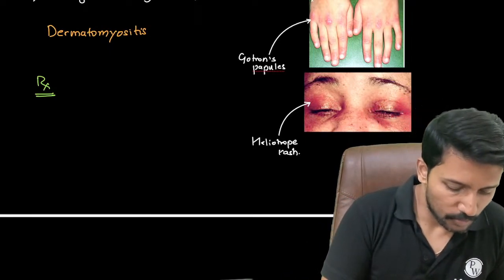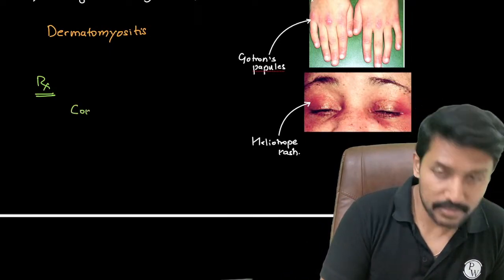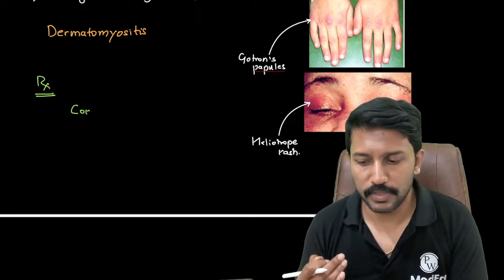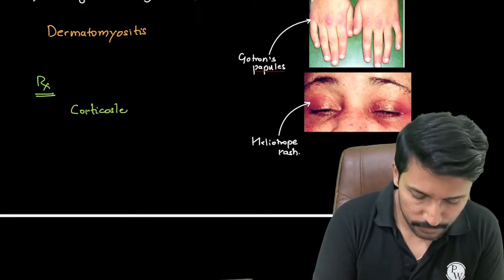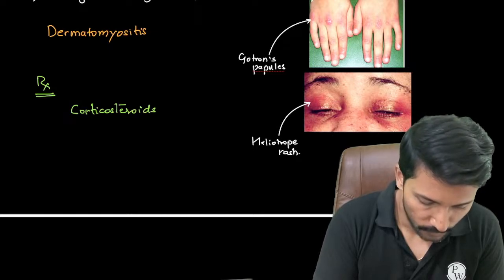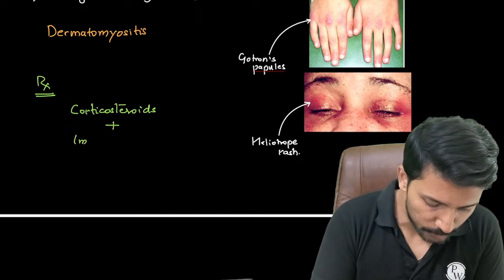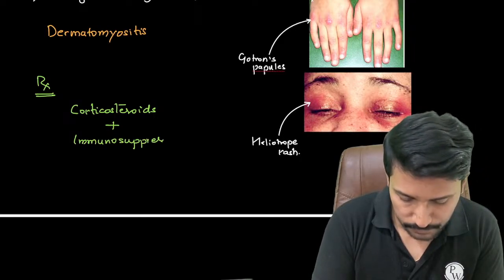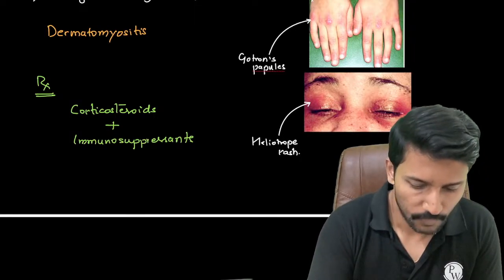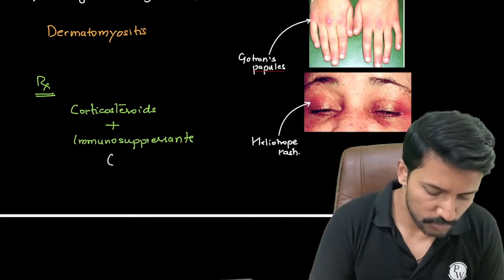The treatment is a combination of corticosteroids. Dermatomyositis is an autoimmune disorder, so we treat them with corticosteroids plus immunosuppressants. What immunosuppressants can we use?